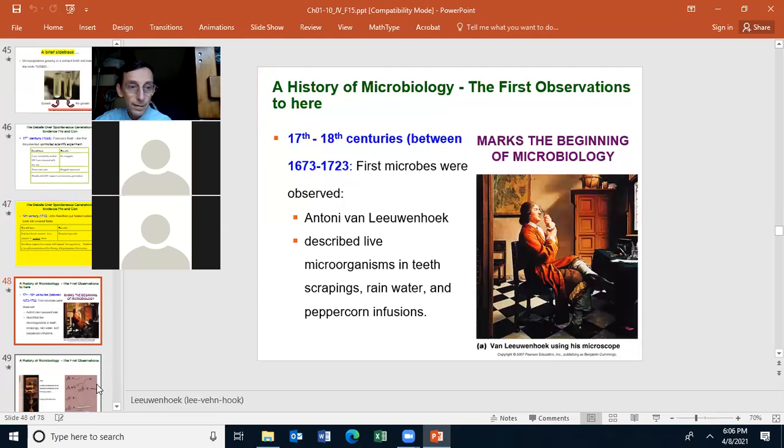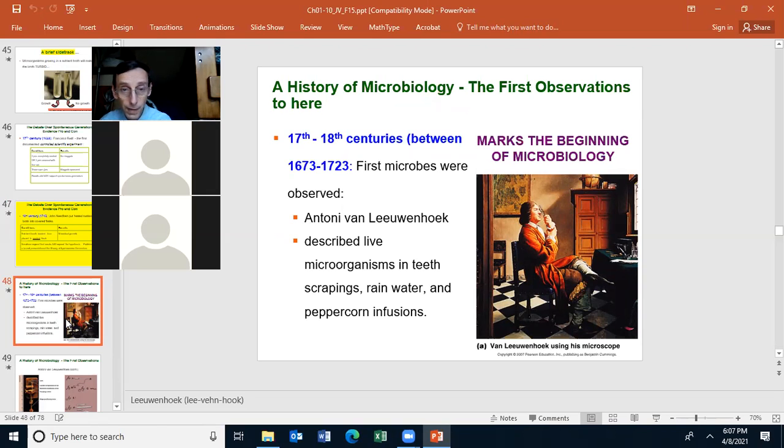The first microorganism was seen by Antony van Leeuwenhoek, and the reason why he probably saw the first microbes was he was an amateur microscope builder, and he ground his own lenses, and he was the best lens grinder and microscope builder of his day.